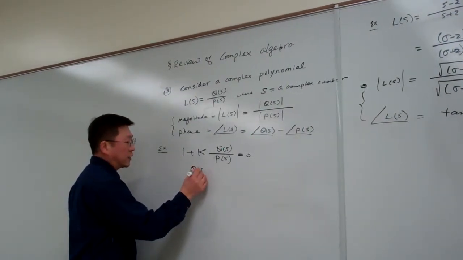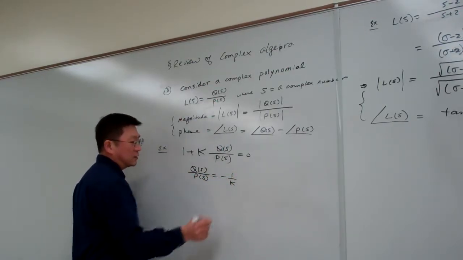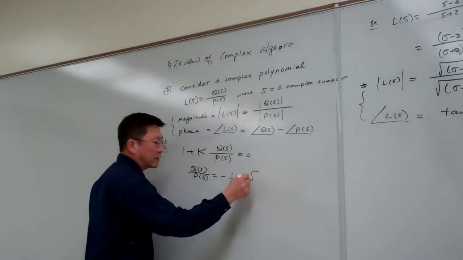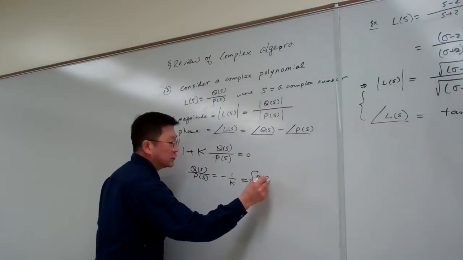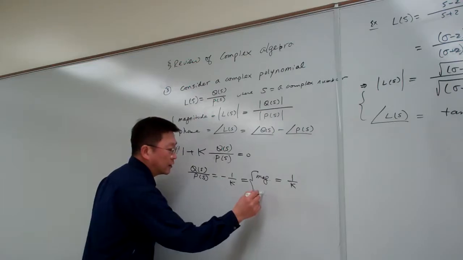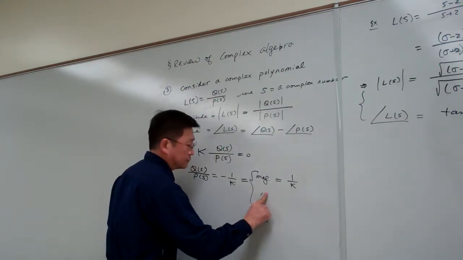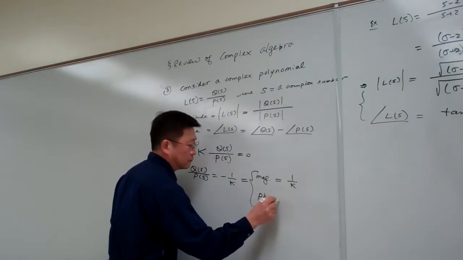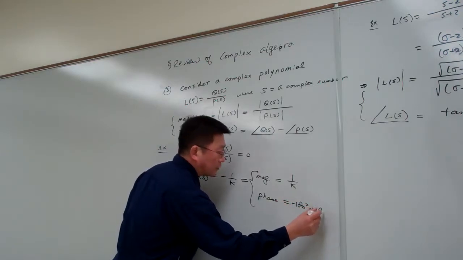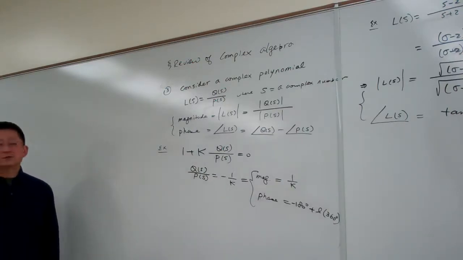So Q(S) divided by P(S) will be equal to minus 1 over K. We know this equation must satisfy that the magnitude is equal to 1 over K, and its phase angle equals 180 degrees plus L times 360 degrees.